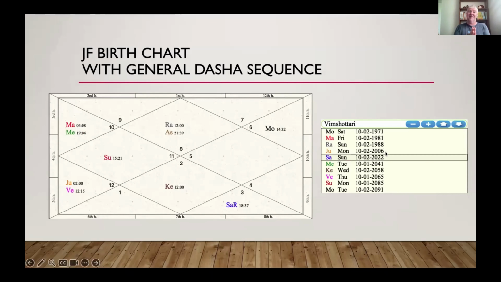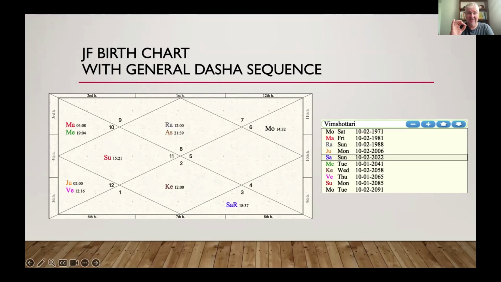All right, so here's my birth chart. It's actually a picture of the time of my birth. So if we look at the graha, the planets, you can see the sun here, moon, Mars, Mercury, Jupiter, Venus, Saturn, and Rahu and Ketu. And that AS is simply the ascendant.